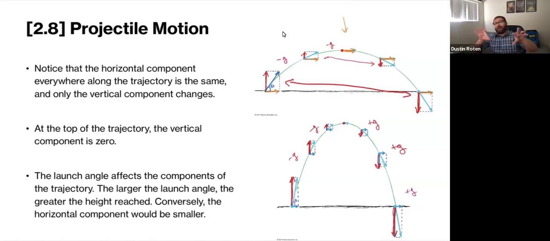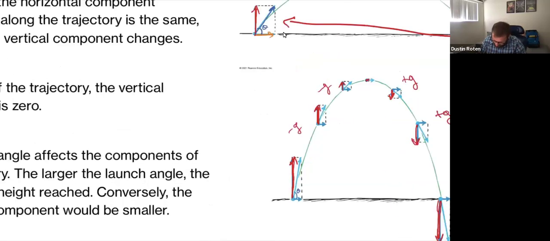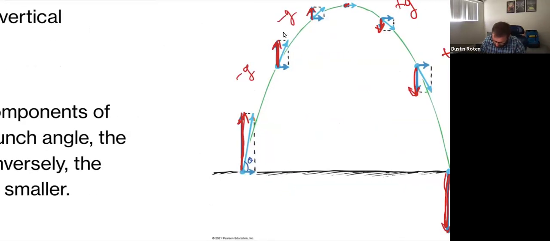Now again, remember, there's nothing in the x direction, no air resistance, nothing like that. But look at what happened here. Because of our launch angle being so crazy high, we just really didn't get a lot in the x direction. When we cranked that angle up, we dumped more and more of that combined velocity into the vertical component.